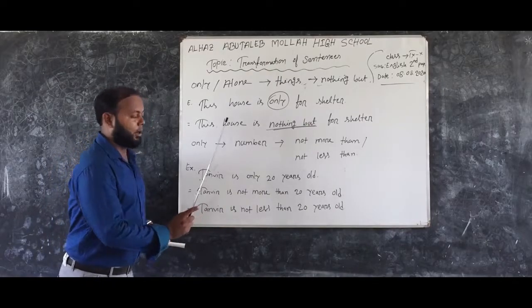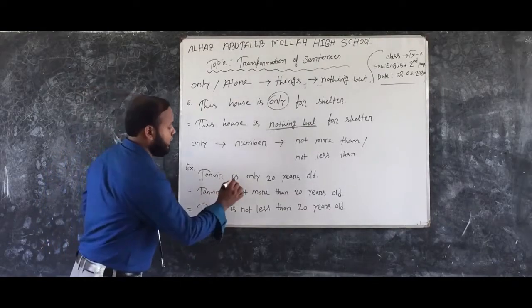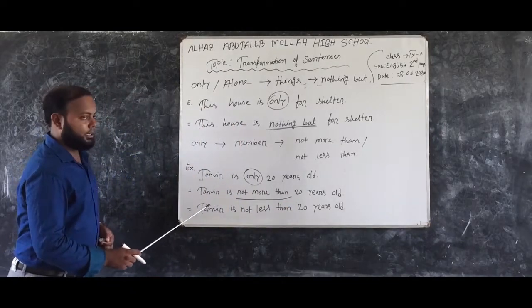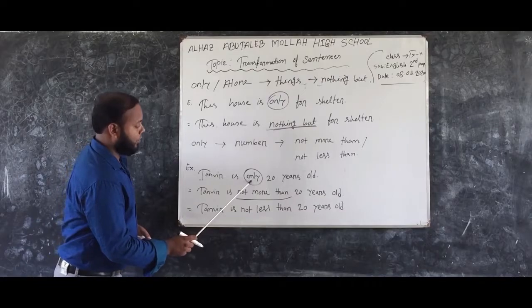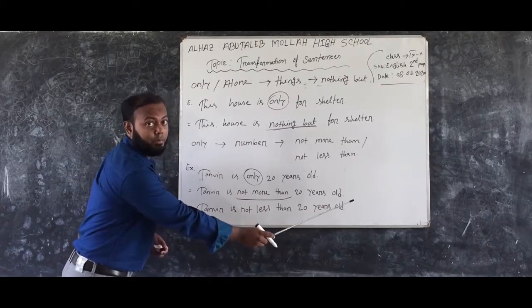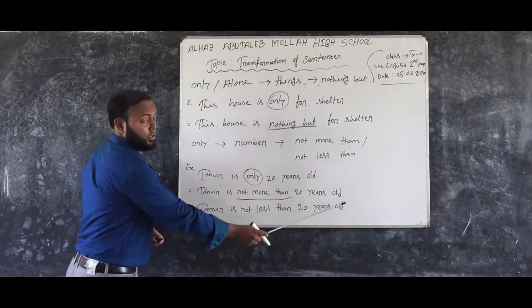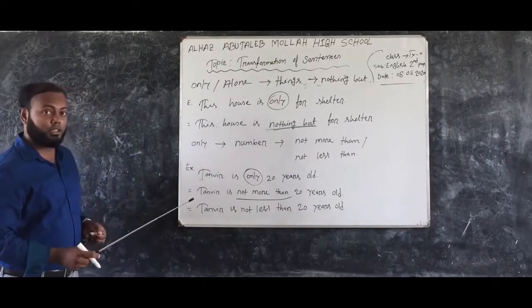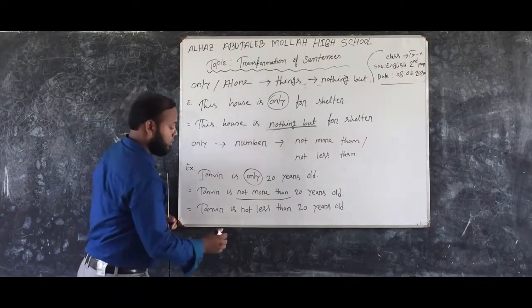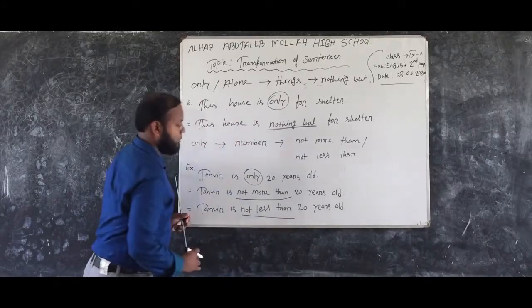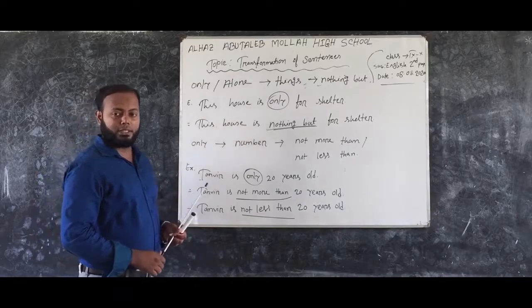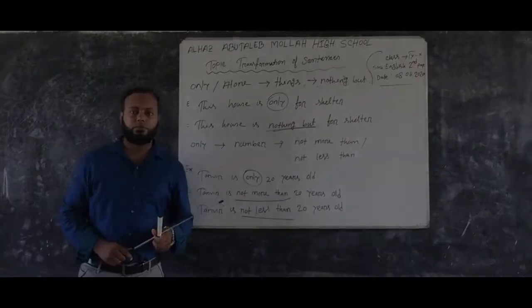So instead of only, we have to use not more than. So our answer is Tanvir is not more than 20 years old. Again, if you write it in another way, Tanvir is not less than 20 years old, it is also correct, because both sentences are indicating numbers. Do you understand? Okay, thank you.